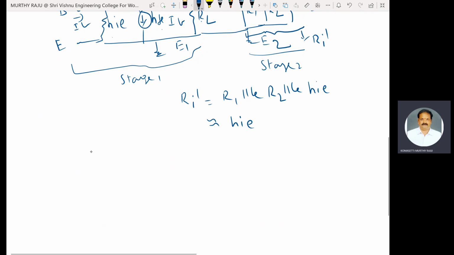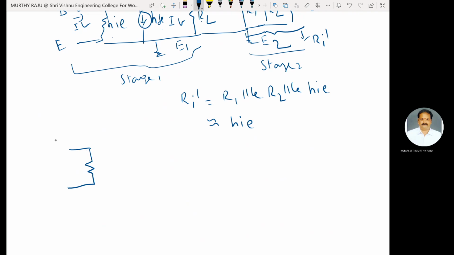Finally, the circuit is replaced with base, emitter, HIE, and base current IB.